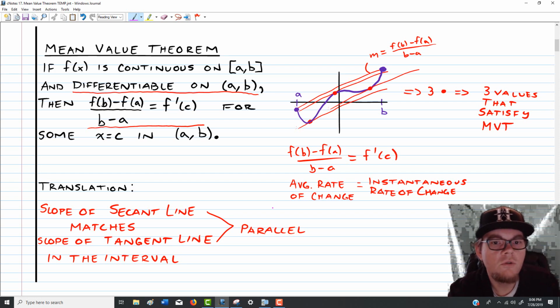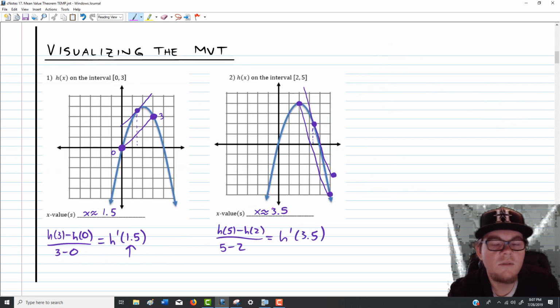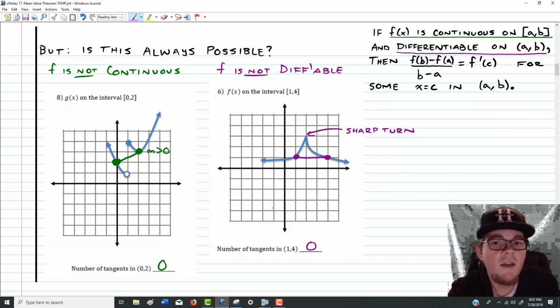Algebraically, that amounts to solving the equation of the derivative equal to the average rate of change. Graphically speaking, though, that's finding where the tangent line is parallel to the secant line that goes through the two endpoints. So we talked a little bit about that graphical interpretation and looked at some instances of where it worked, and we investigated why our theorem requires f to be continuous on a closed interval and differentiable on an open interval, respectively.